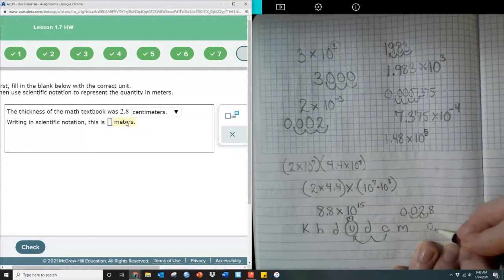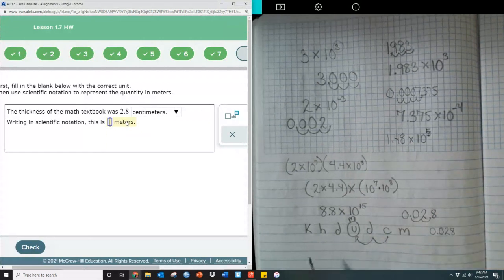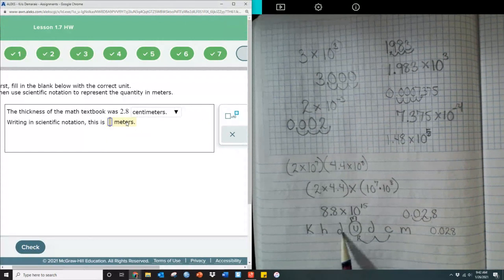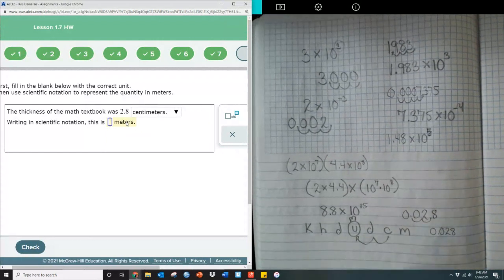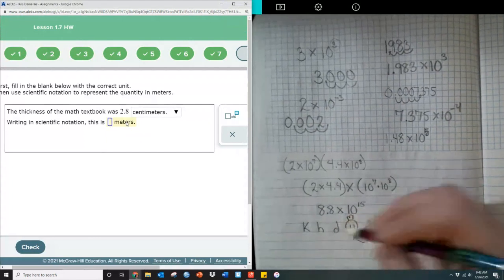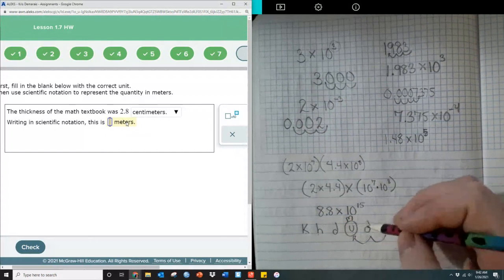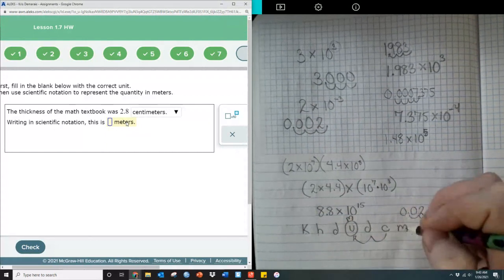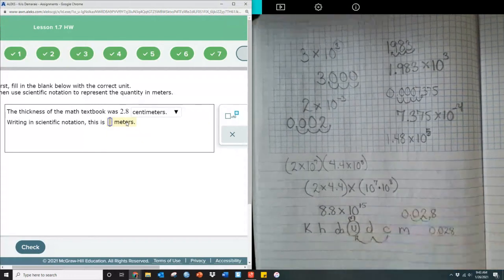This is how many meters we have. So it asks us to do a conversion, and if you don't know your conversions of the metric system, you're not going to be able to do this. King Henry died, unfortunately drinking chocolate milk is an acronym. It's like a little phrase that we use to remember the kilo, hecto, deca, unit of measure, which is meters, liters, or grams, deci, centi, milli. And deca is normally DA, by the way.